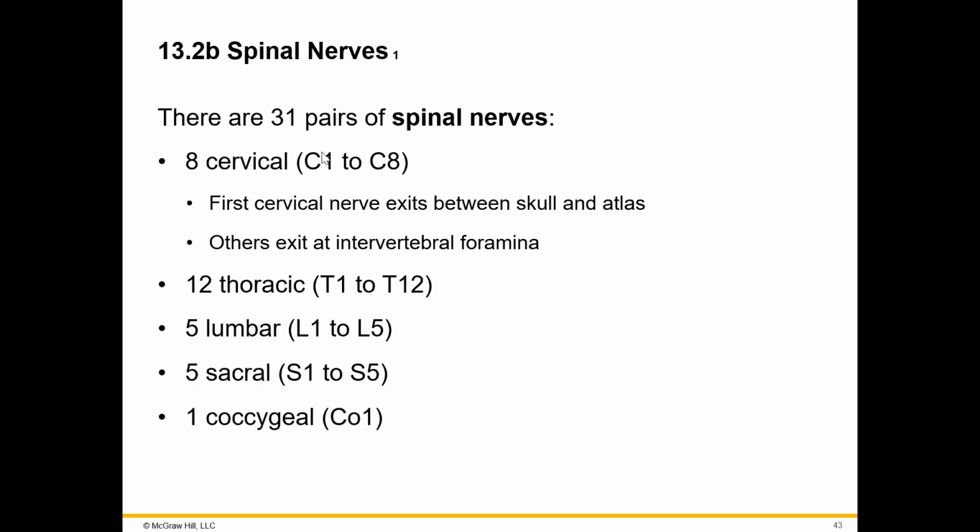So we have 8 cervical spinal nerves, 12 thoracic, 5 lumbar, 5 sacral, and 1 coccygeal.